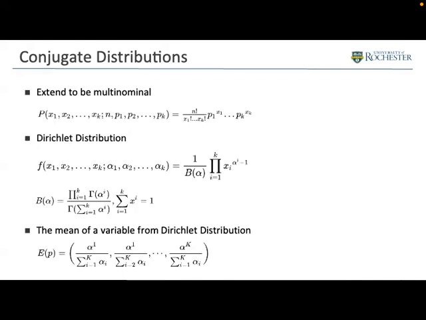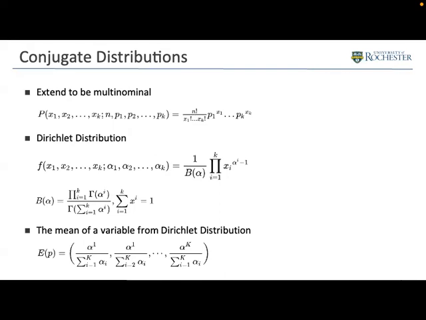If we want to extend the binomial to the multinomial, the multinomial will have a formula like this. We have k random variables in our current setting, and we also have the probability for each variable. Then the probability of drawing this multinomial distribution will look like this.